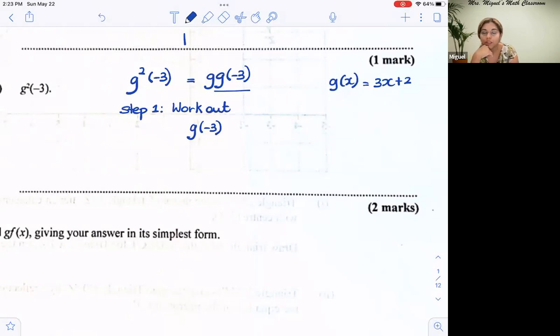All right. So by now, you are supposed to know that we are going to replace x with -3.